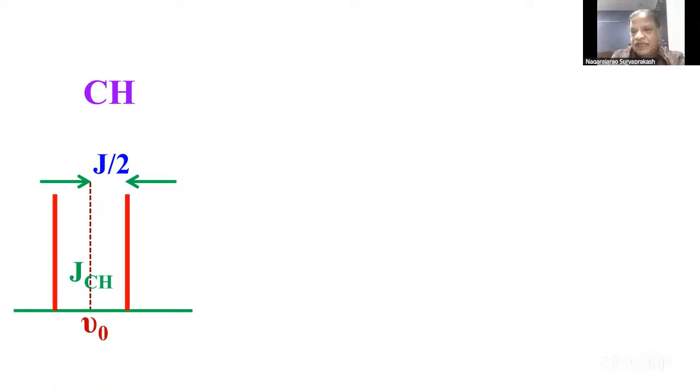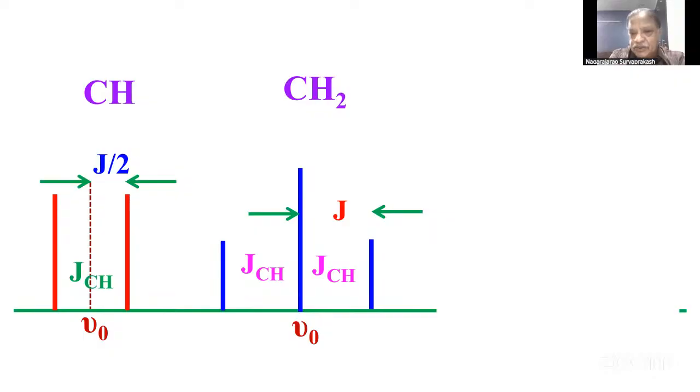After applying the 90-degree pulse, you bring the magnetization to a particular axis, then one will move in one direction, the other will move in the other direction, which are called fast moving and slow moving vectors. What happens if I consider CH2? Same thing, but the only difference is the central peak is exactly the chemical shift.